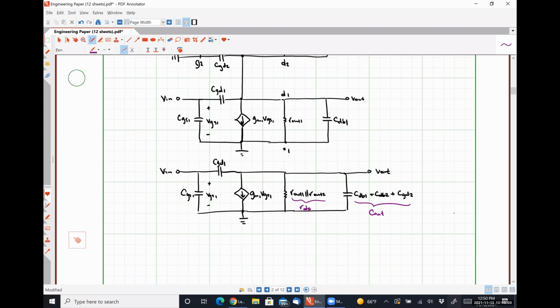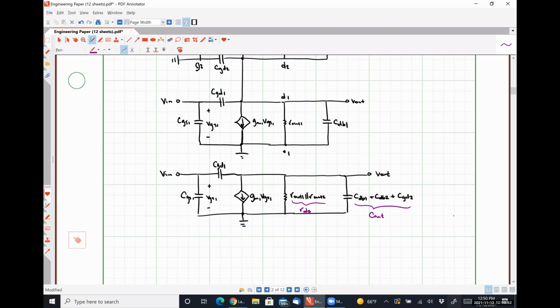So we have two options here for our analysis. The reason this analysis is going to be a little different than what we've done previously in this class is the presence of that feedback capacitance, which is linking the input signal to the output signal. So that CGD1 here messes things up.